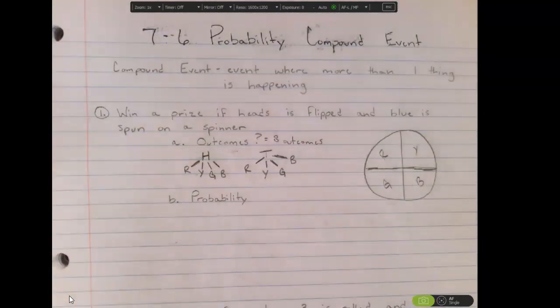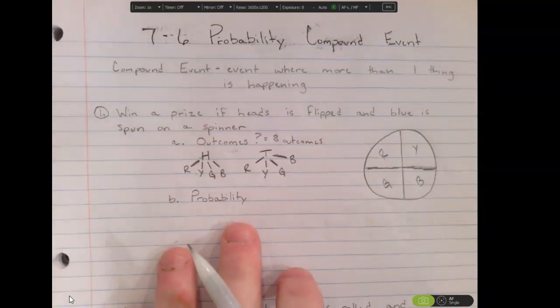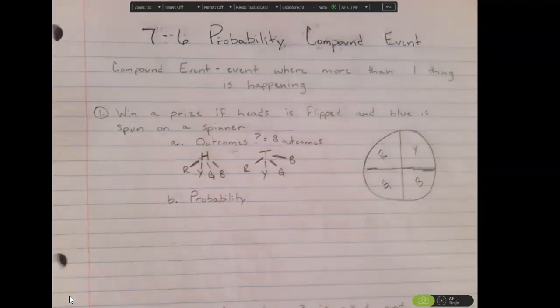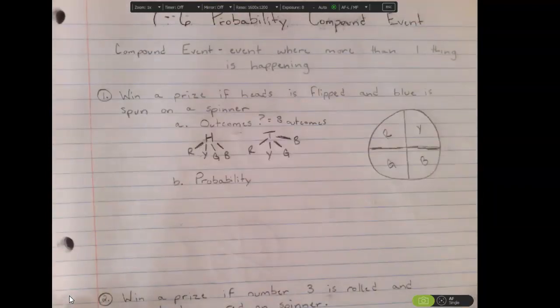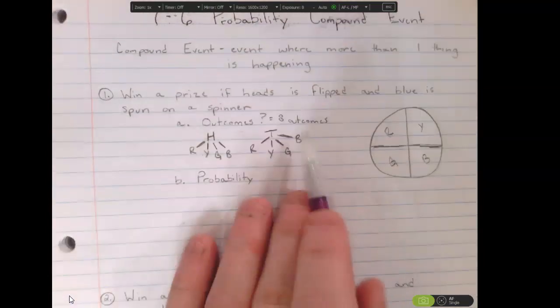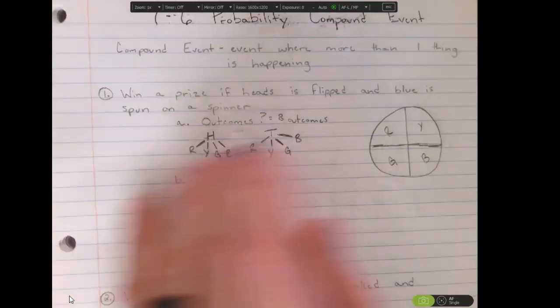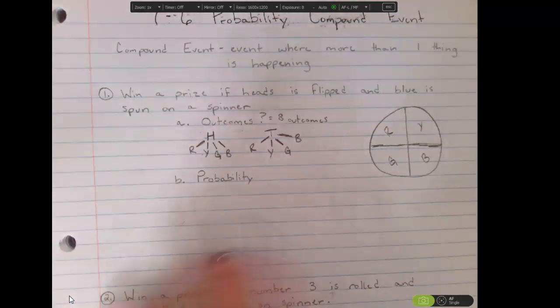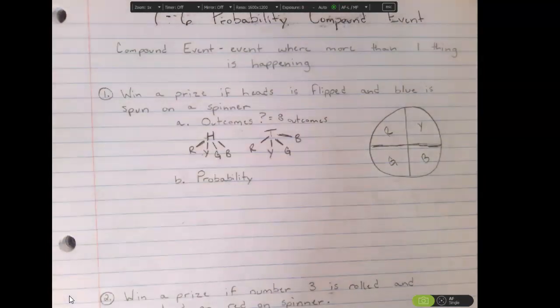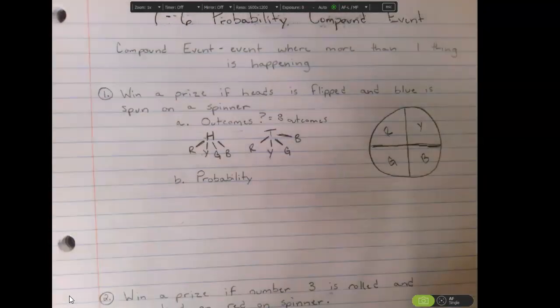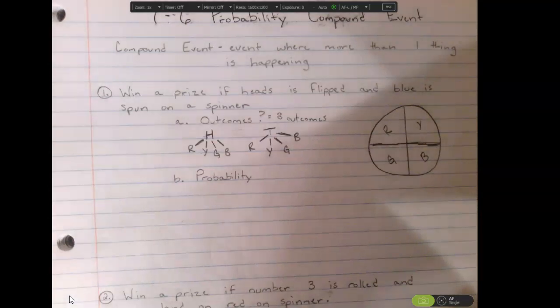Now I want to focus on probability because that's what we're looking at today. With probability compared to outcomes: outcomes is how many possible results you could have. Probability looks at what the percentage is that the event actually happens.